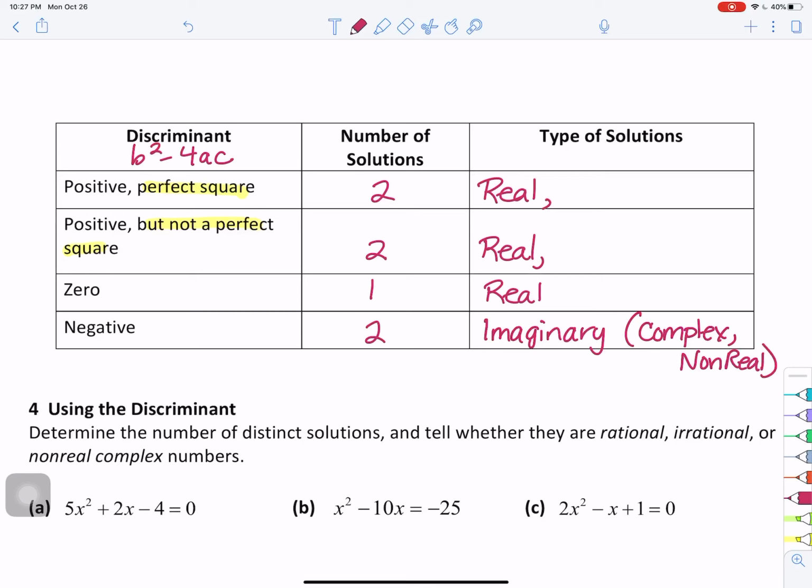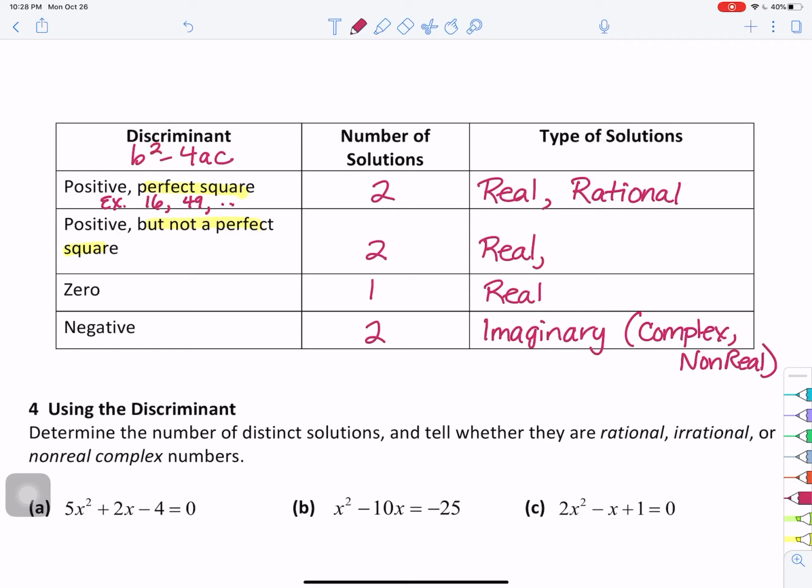Okay? Now let's fill in the blank above. Okay? If you have a positive discriminant and it happens to be a perfect square, what's a perfect square? A perfect square is 16. A perfect square is 49, and so forth. Your solutions will not only be real, but they will also be rational. Now, a rational number can be written as a fraction. You hear that word fraction? Rational.